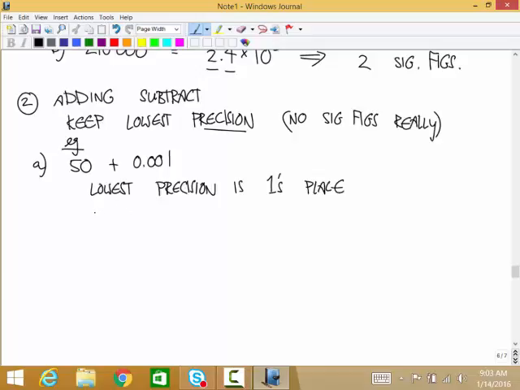So you get 50.001, and then the precision that you keep is here, and you don't use those.